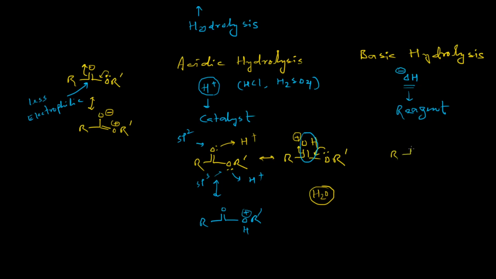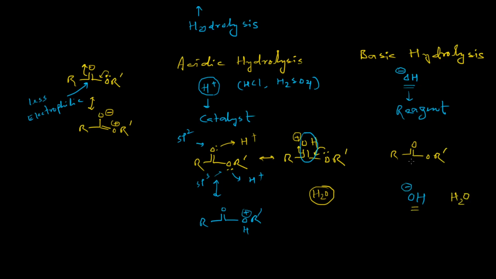In basic condition, there is no activator that can activate this CO group of this ester molecule. So instead of activating this carbonyl group, we are using a strong nucleophile. Water is a very weak nucleophile, but OH minus is a very strong nucleophile since it is already negatively charged.